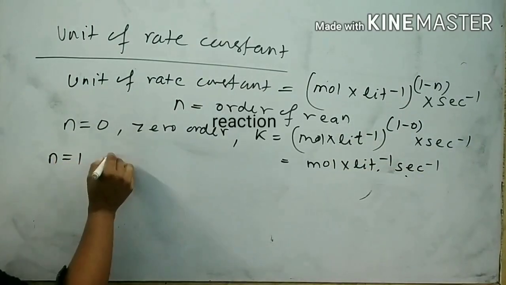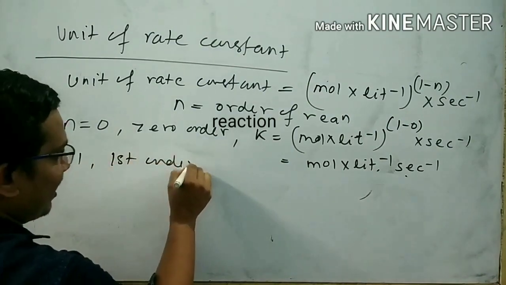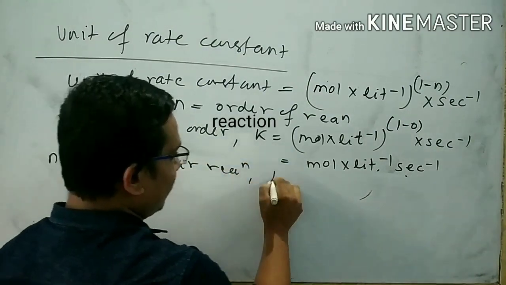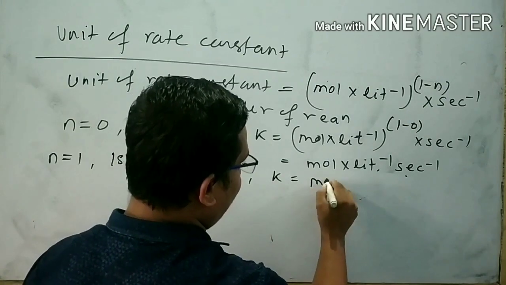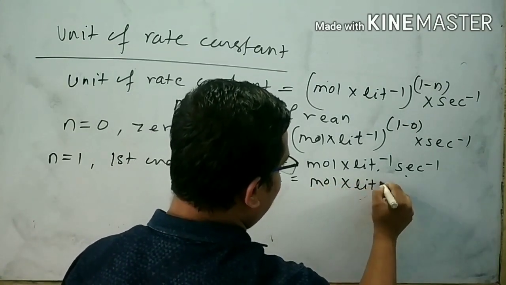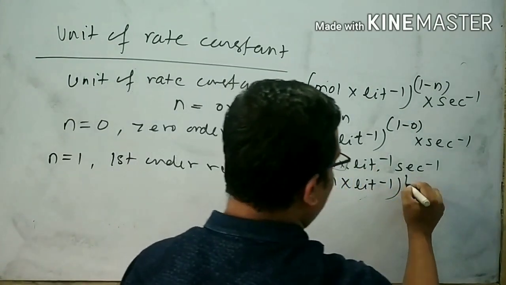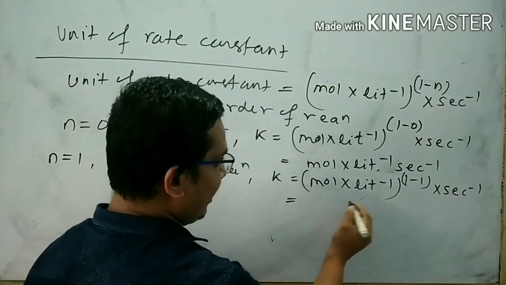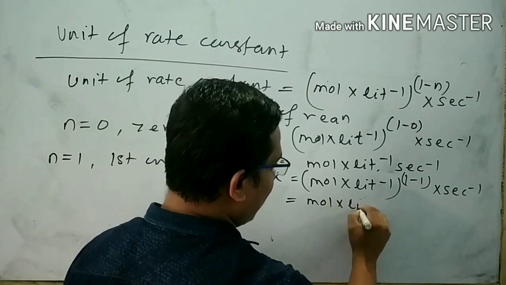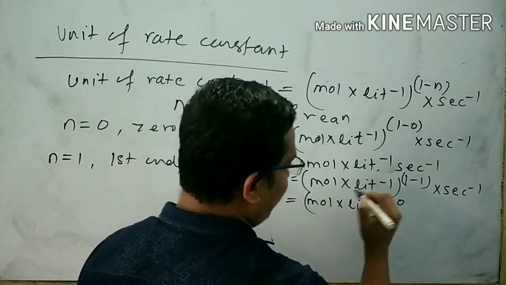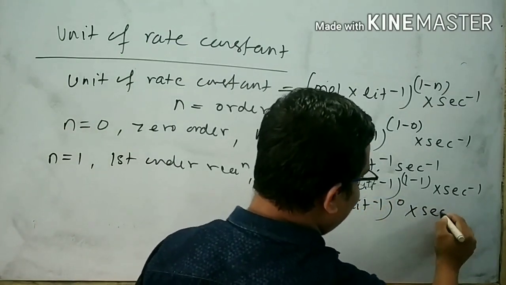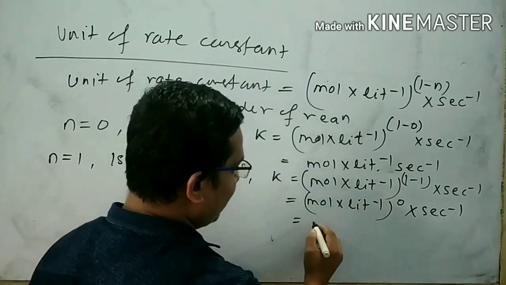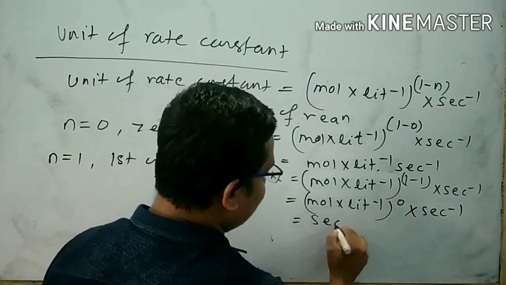For n equal to 1, that is a first order reaction, the unit of K is mole into liter inverse to the power 1 minus 1 into second inverse. We can write mole into liter inverse to the power 0 into second inverse. That means the unit of K is second inverse.